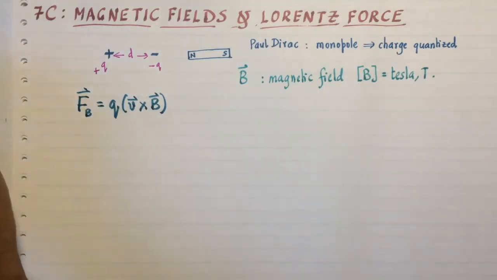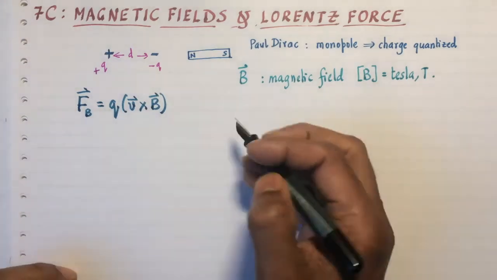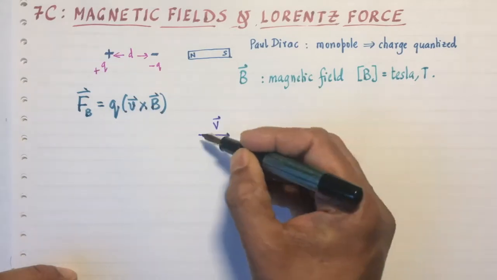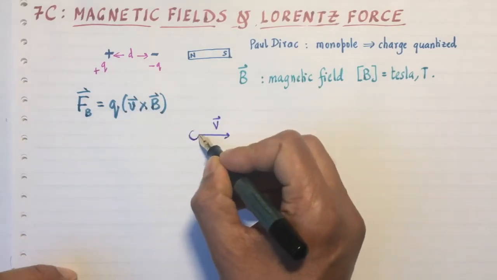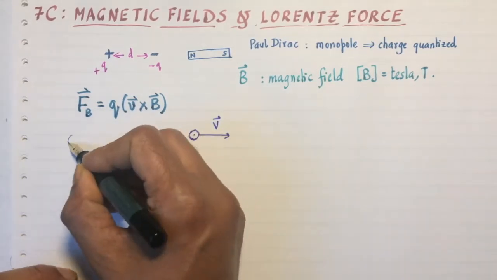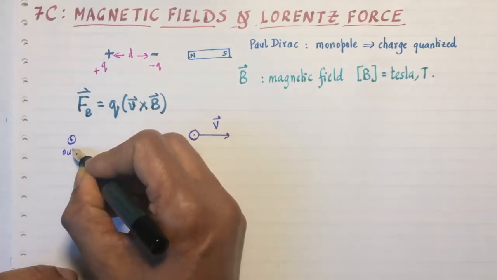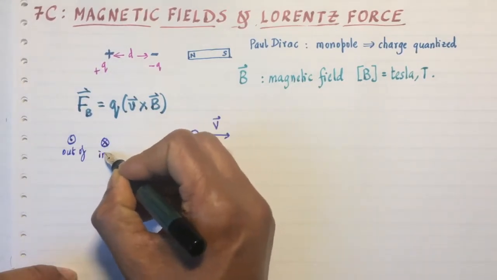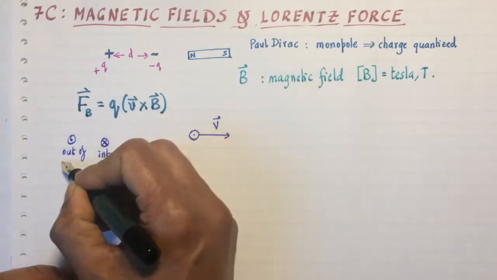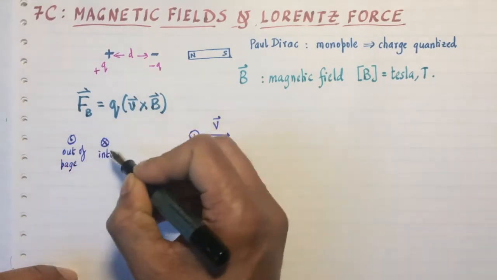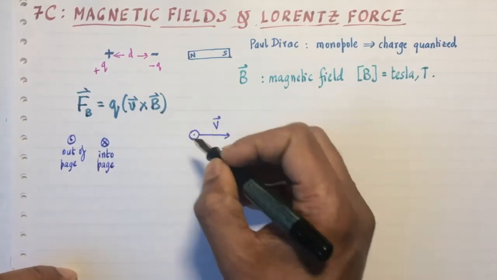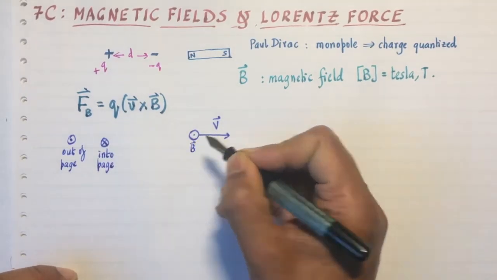So if a particle is going in this direction, let's say, and the magnetic field is coming out of the page, I'm going to indicate this as an out of the page vector and something like this as an into the page vector, because we're now going to be talking about 3 dimensions quite extensively.